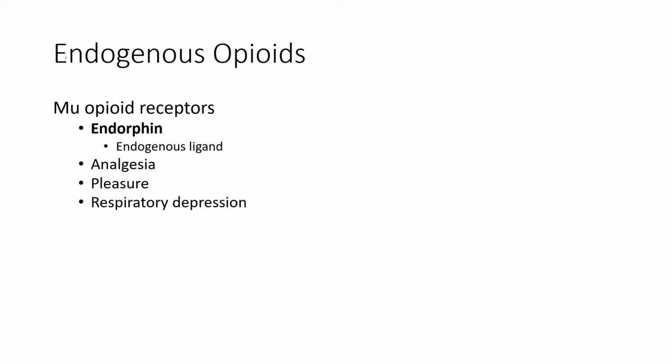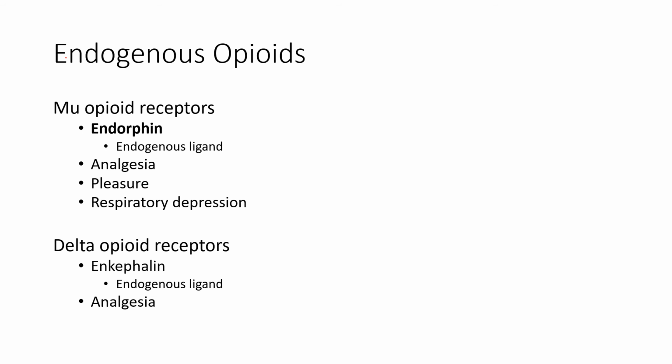Like this first one, the mu opioid receptors, these result in pleasure, but also in respiratory depression. So when you get other things that mimic this, other opioids that come from outside the body, these will result in things like pleasure as well as the respiratory depression.